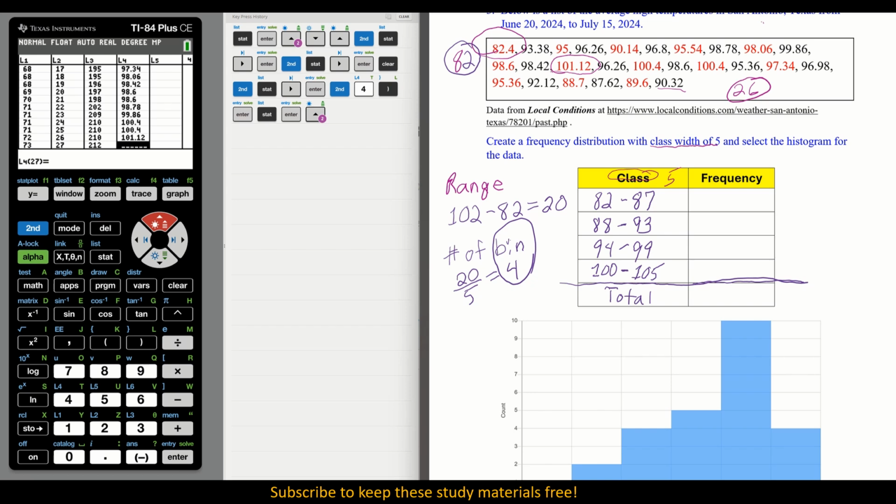They said a class with 5 numbers. So we have to do what they've asked us to do. We started with our estimated very low of 82. If we round, it really is 82. And then we add 5 to each one. That's what it ends up being. Okay. Just needed you to see that.